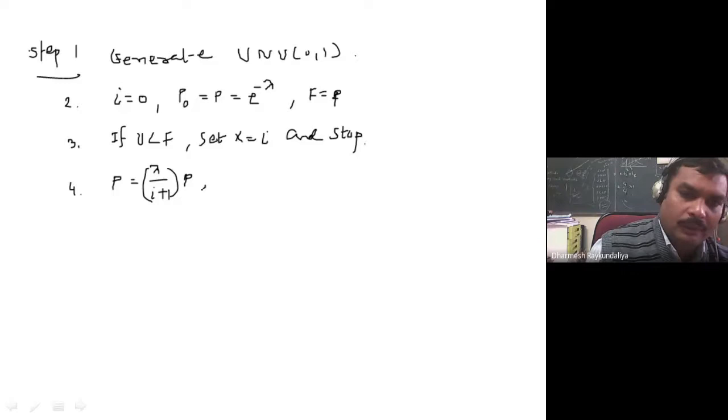And at that time I am writing f equal to earlier f, which is simply p, and now I am adding the new p. Step 4, I equal to I plus 1.